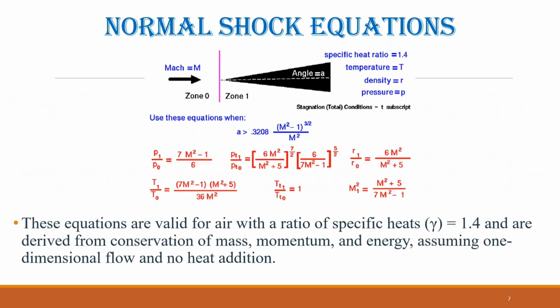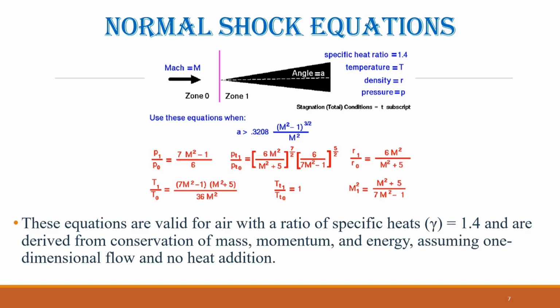Normal shock equations. Here ρ represents the density, P represents the pressure, T represents the temperature, total P represents the total pressure, total T represents the total temperature, M represents the Mach number, and θ represents the wedge angle.